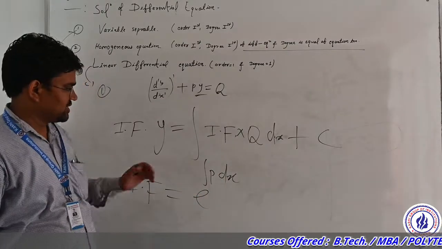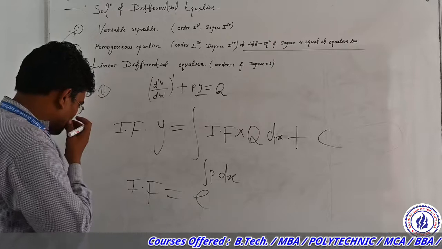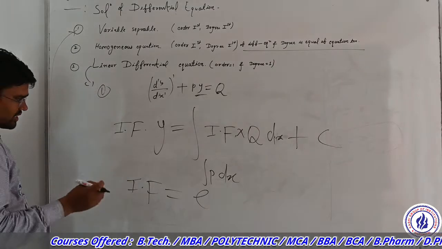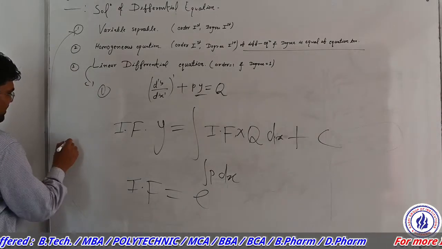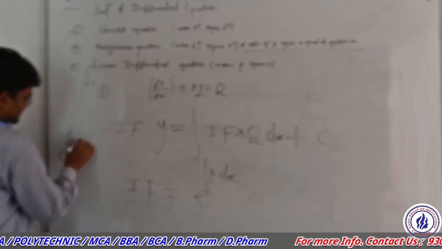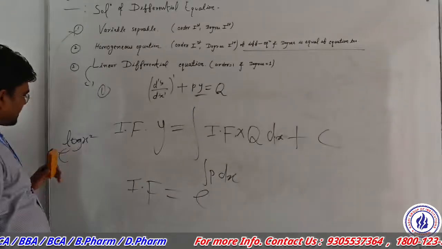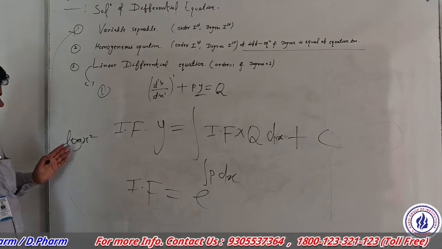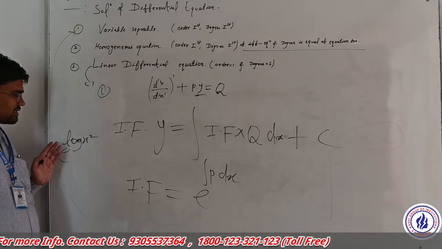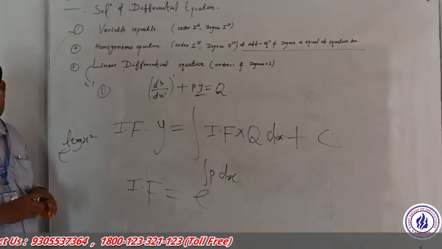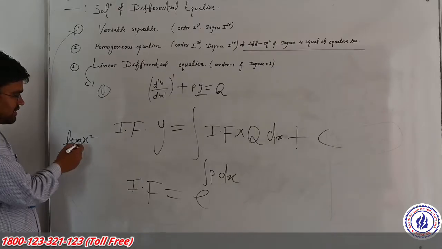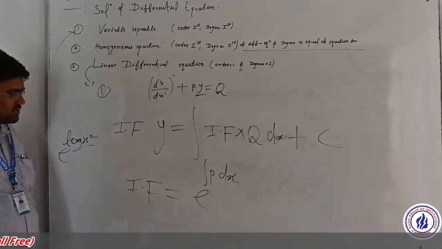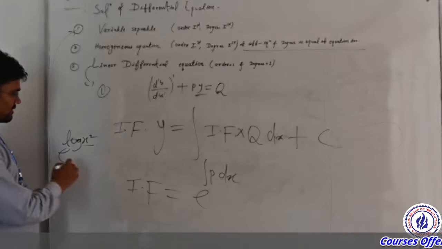That means exponential. Some few interesting points. Suppose you have e power log x square, this is a little question for all of you. If you have e power log x square, then it is a simple value. What will it be?